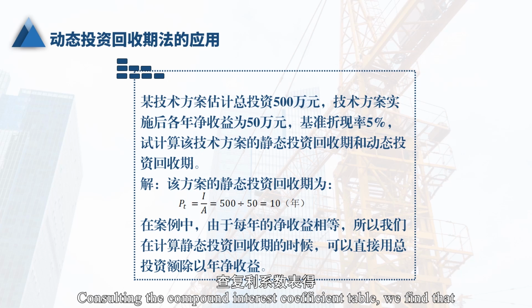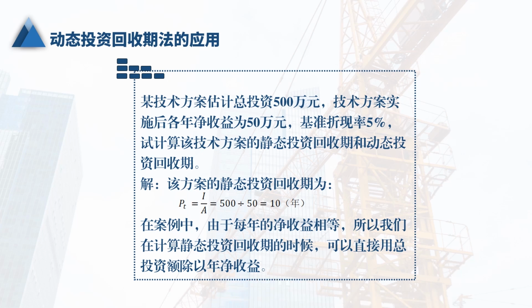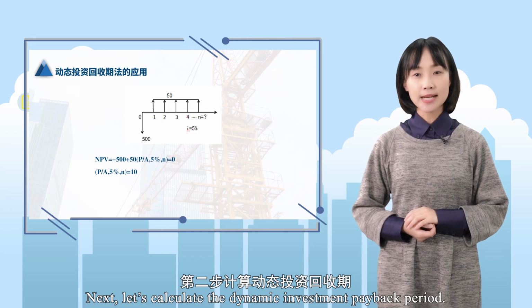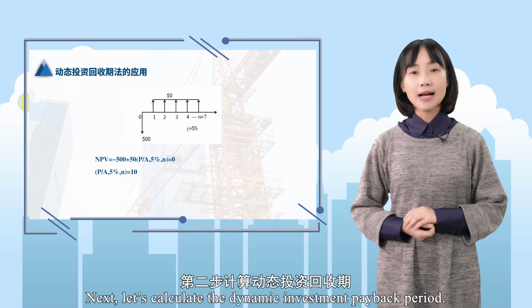Consulting the compound interest coefficient table, we find that (P/A, 5%, 14) equals 9.8986, and (P/A, 5%, 15) equals 10.3797. Using linear interpolation, we get P_t equals 14 plus (10 minus 9.8986) over (10.3797 minus 9.8986) multiplied by (15 minus 14), which equals 14.21 years. Next, let's calculate the dynamic investment payback period.